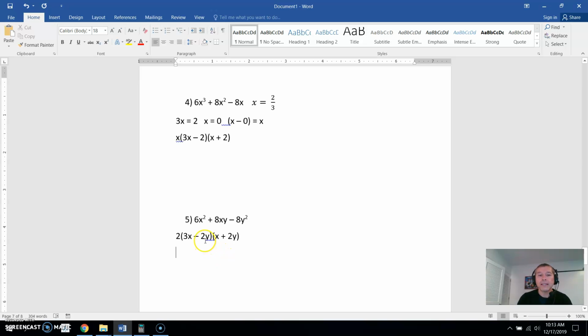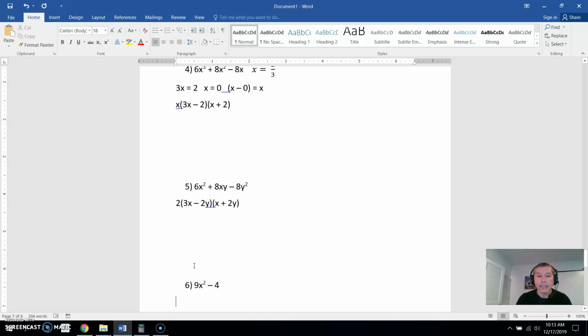Now when I take the -2y times the 2y, I get -4y squared, times that 2 more gives me -8y squared. So these right here are my factors. If I multiply all this stuff together, I will get this right here. And I think that might do it for this video, and I'll do more factoring on the next video.